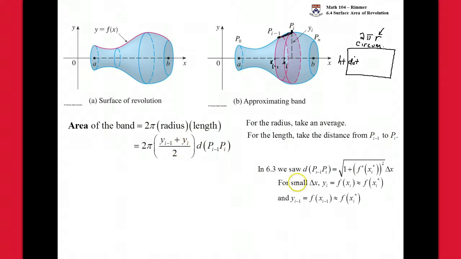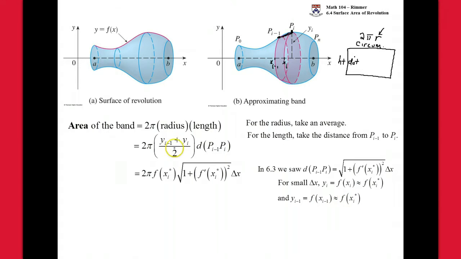And what's going to happen is, as long as delta x is small, then we can replace the f at x_i star with f of x_i, and the y_i can be replaced with f of x_i star, and the y_{i-1} can also be replaced with f at x_i star.